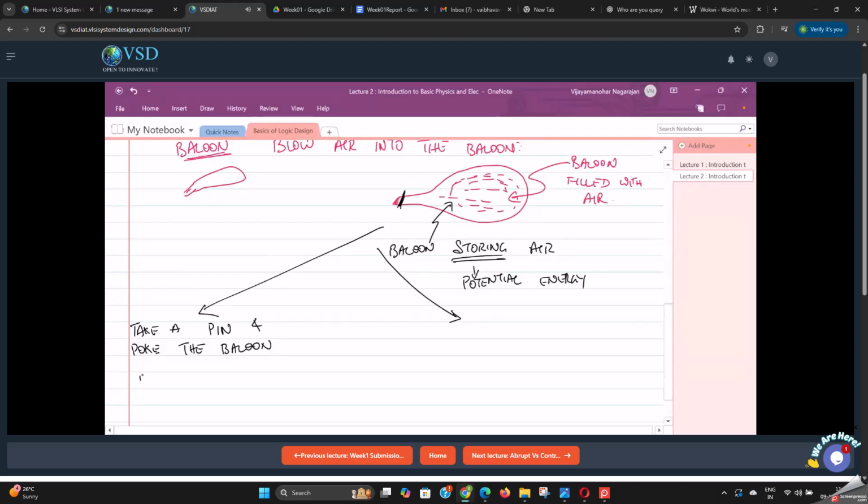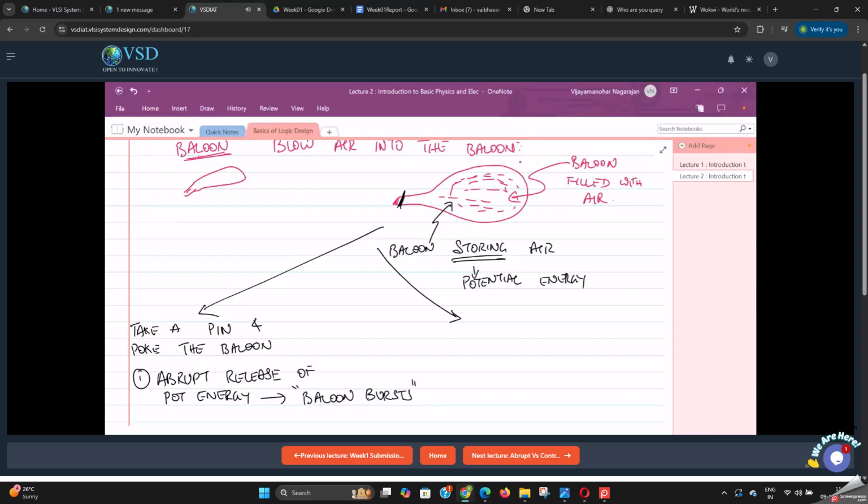What is going to happen? Abrupt release of potential energy. Correct? The balloon bursts. You have so much stored energy.